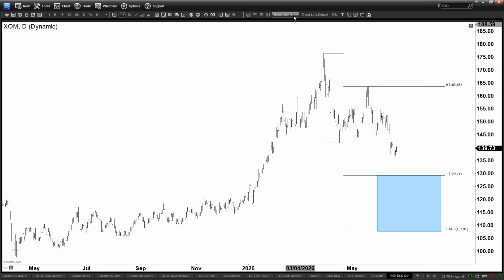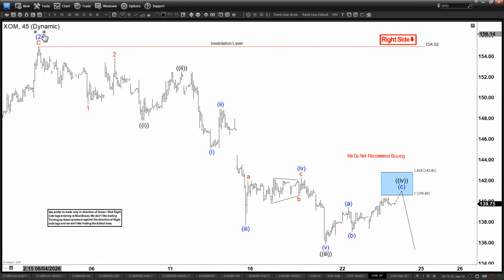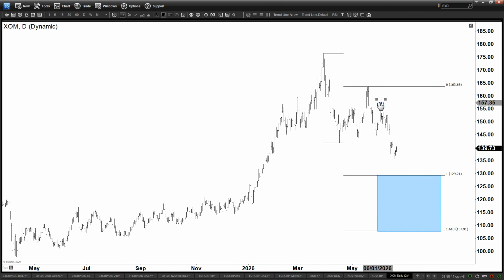So you can see this decline looks like an impulse, 5 waves, and then this third leg here so far is only 3 waves. So regardless of however you want to count it, let me copy this wave 2 on the daily time frame, which is this one. So this is your 1.